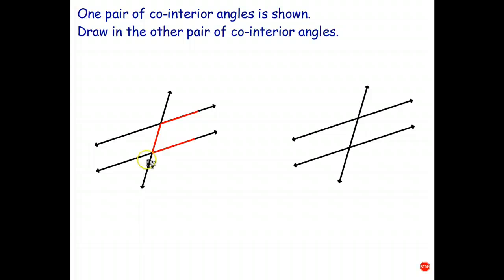Okay, so there's one pair of cointerior angles, and the other pair of cointerior angles is just drawn on the opposite side of the transversal. So that angle and that angle add to 180. Okay, so now you have three geometry facts about parallel lines. In the next video, we'll use those geometry facts to find the size of unknown angles.